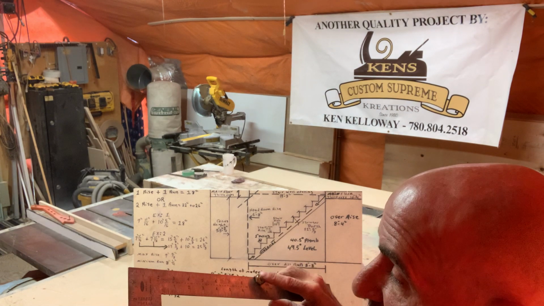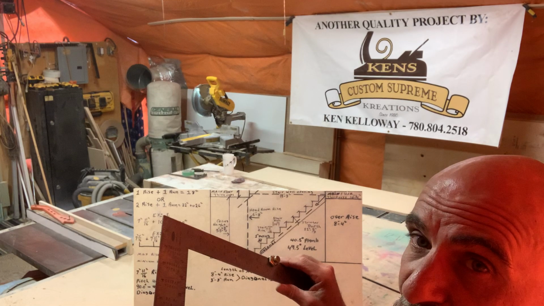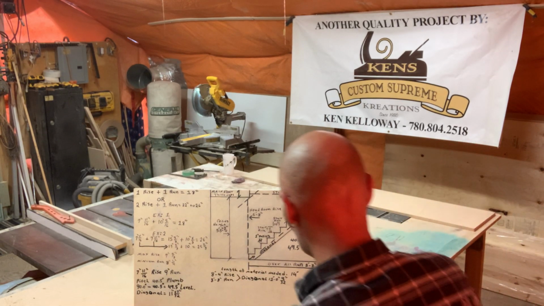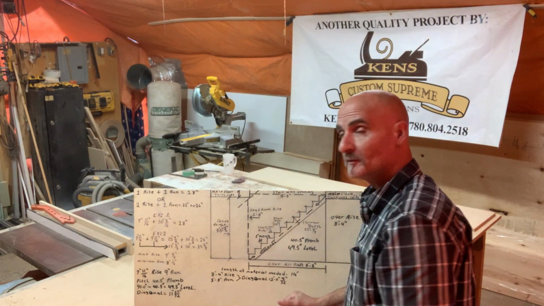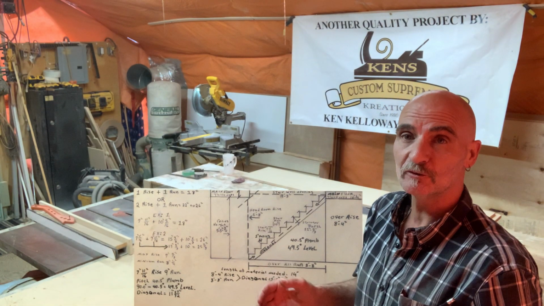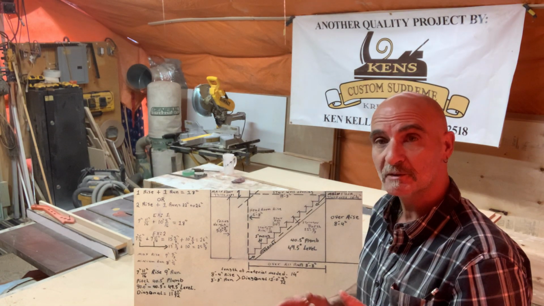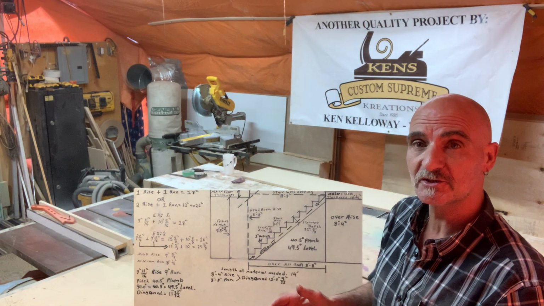Now, when I lock this down, I'm going to make a couple of little adjustments because I like to make sure that they're perfectly dead on. And when I'm drawing them out, I don't use a pencil. I use a pen. The reason I use a pen is because I'm going to be using the miter saw, and I want this to be 100% square, 100% straight.